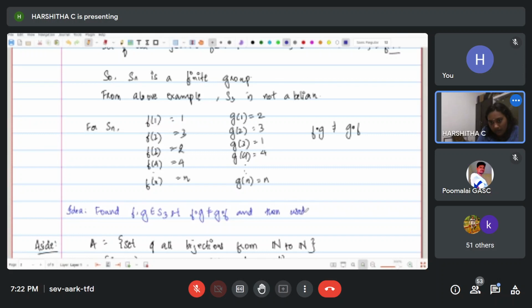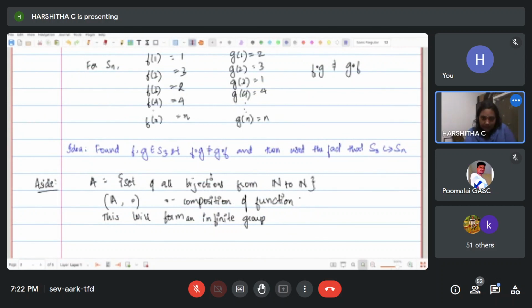In some way we have seen S3 as a subgroup of Sn. I think the concept of subgroup has been covered. So if you have some elements in a subgroup which do not commute, then you cannot have the group to be abelian.